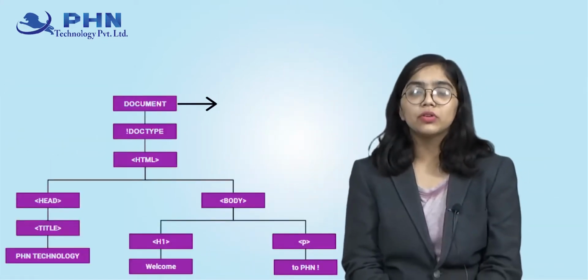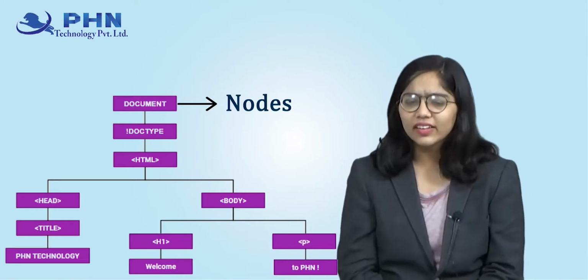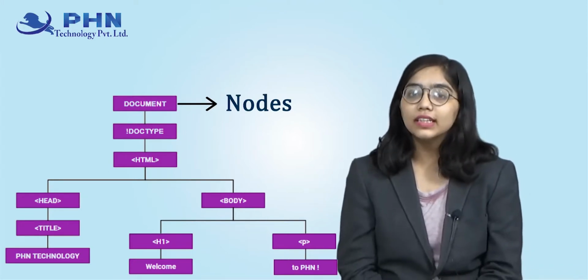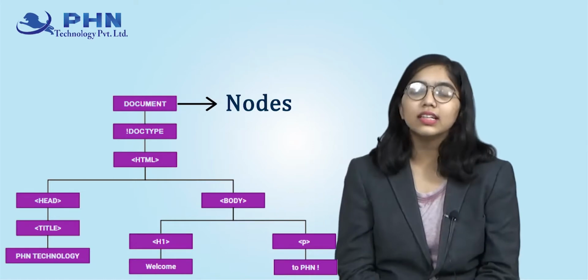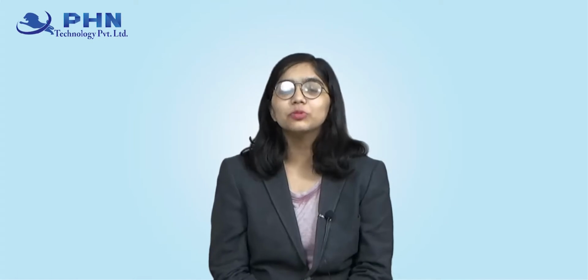Now, what do I mean by node? Whatever little boxes you see on the screen right now, and whatever you see inside those boxes, is a node. Being a document object model, this entirely has objects in it. So I'm not going to confuse you more. We'll just switch the topic to methods and properties.